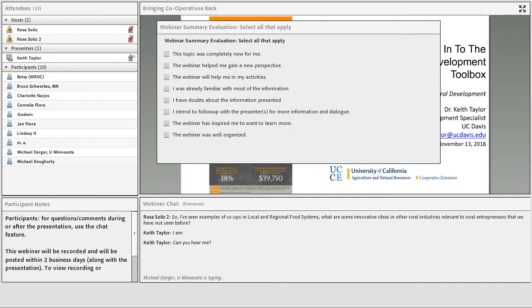With regard to rural industries and rural entrepreneurs, I would say a powerful partner that has not been engaged in this is the purchasing cooperative sector. There are hundreds, if not maybe about 1,500, purchasing cooperative entities around the globe that could be leveraged for small rural businesses to scale.